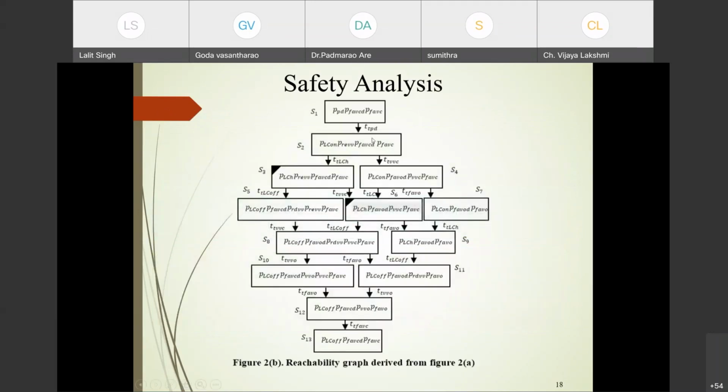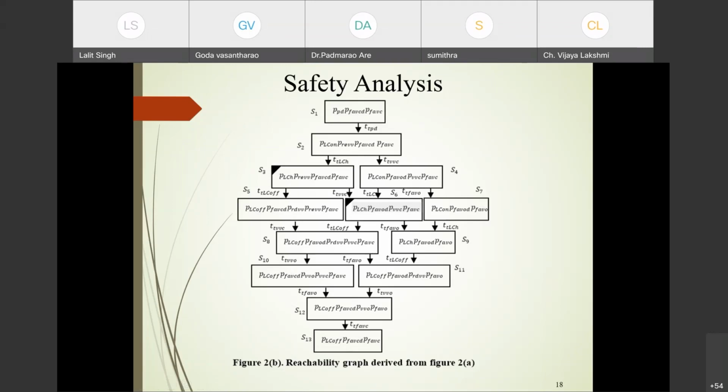So after TTPD, PPD has been transformed to PLC on and PREVB, and the rest of the places remain the same. In this way, we can keep on deducing until we cover the entire state space of that particular system. And this is the entire reachability graph.